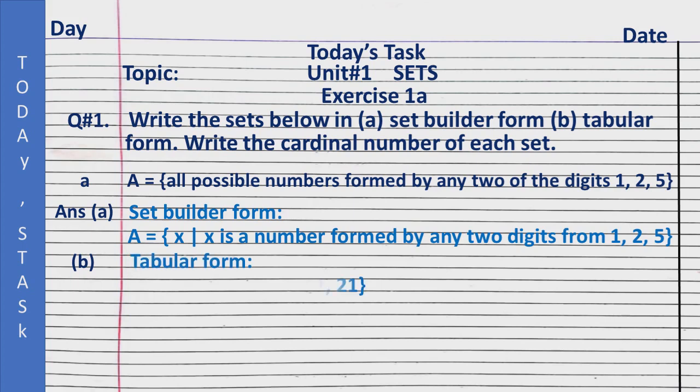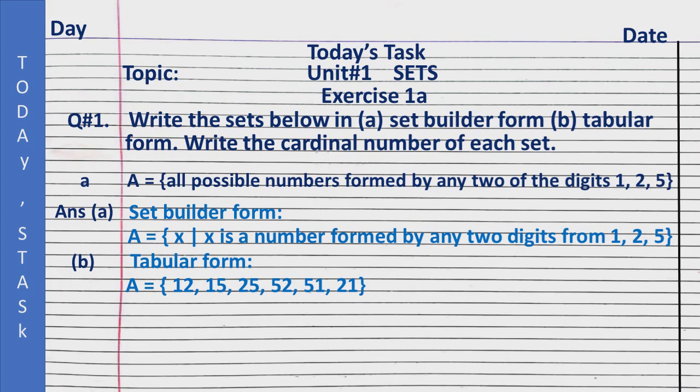Let's write the set in tabular form. Dear students, we have already discussed in tabular form that the elements of the set are listed within curly brackets and separated by commas. In this question, they are asking the possible numbers formed by any two of the digits 1, 2 and 5.